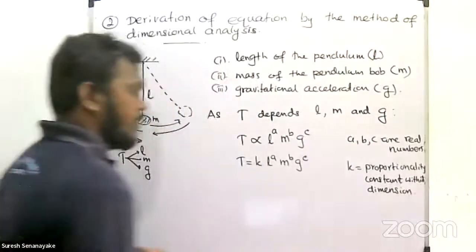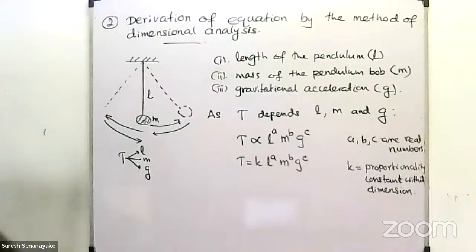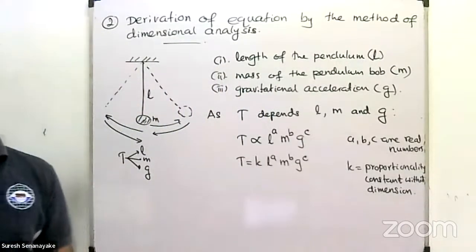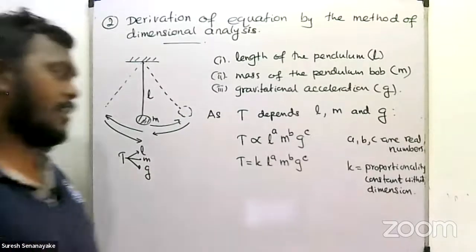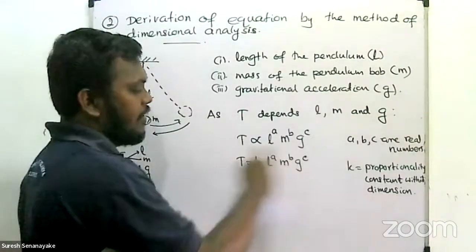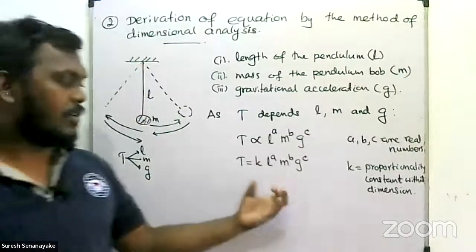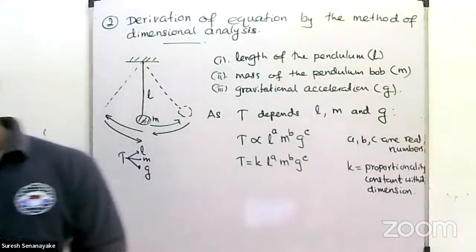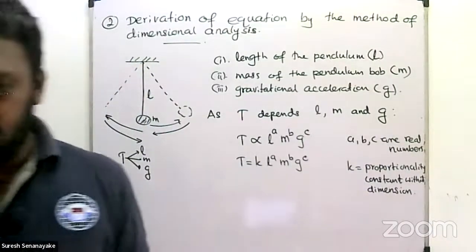You need to know, and then I will give the value of this K, because K you need to find, because we can't find the K using dimensional analysis. We need to write this equation now. Now A, B, C values you can find using dimensional analysis.